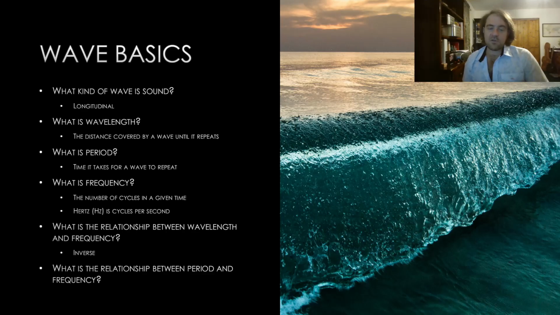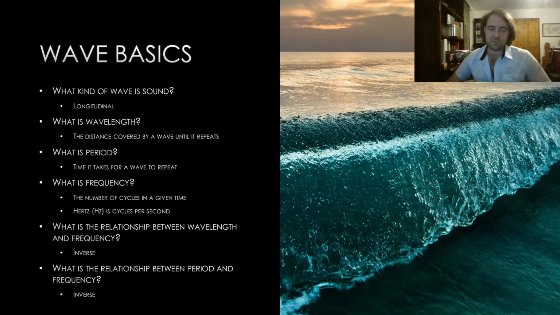And then what about the relationship between period and frequency? That's inverse as well. A longer time to repeat is going to be a lower frequency. So let's say 200 milliseconds is a 5 hertz wave. 2 milliseconds is a 1,000 hertz wave.